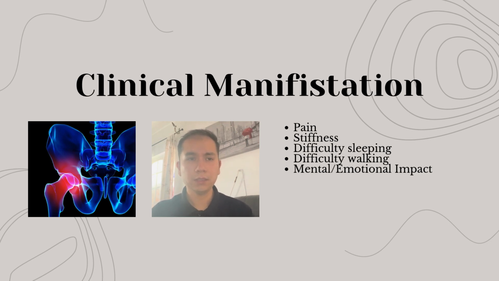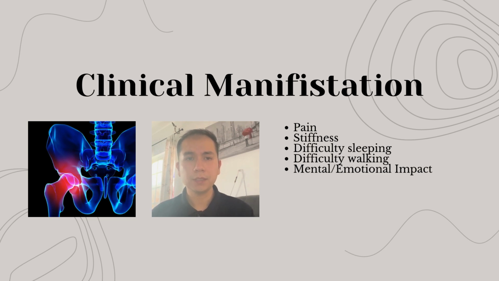And then finally, it could have a mental and emotional impact on a person, because it could be hard for someone to make different changes, such as the way they walk. They will be using assistive devices.